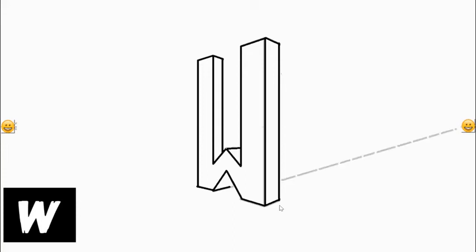Draw a happy line here. And draw a happy line, or a parallel line here. So this line right here is parallel to that line. And once you see your W, erase everything else, and there's your W in perspective.